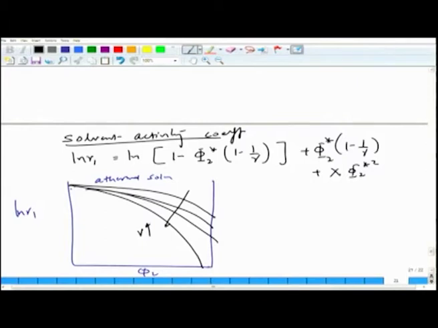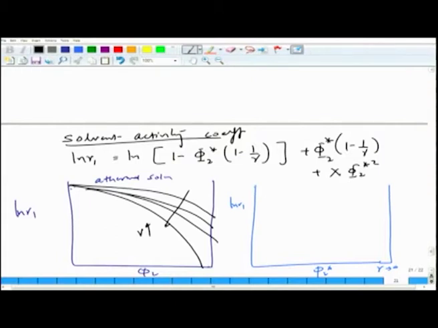Now, you can consider another case where you have again ln gamma 1 versus phi 2, where r is infinity, in the sense that it is an infinitely long chain, and then we consider different chi.